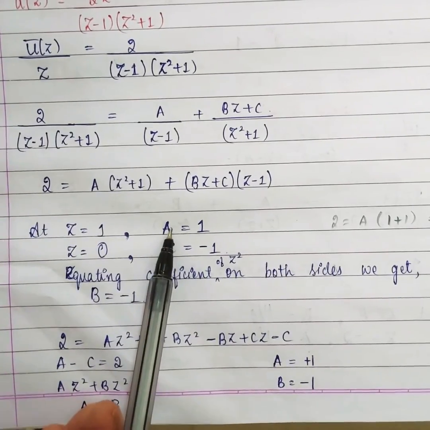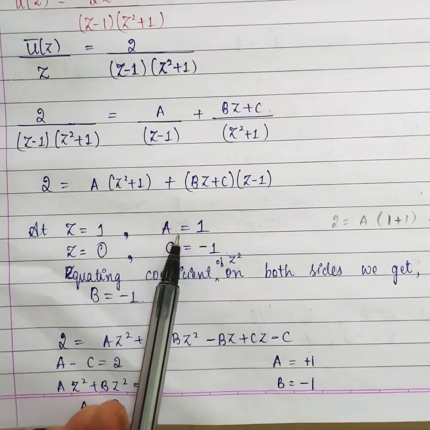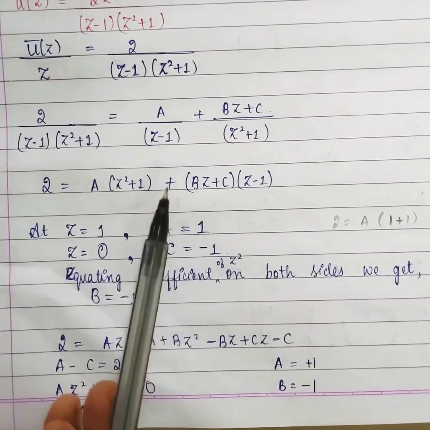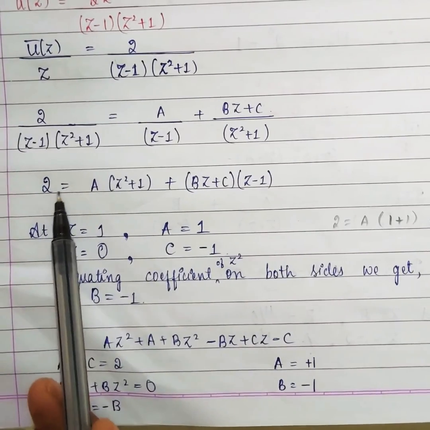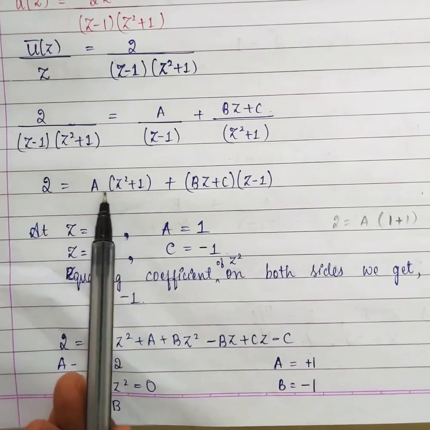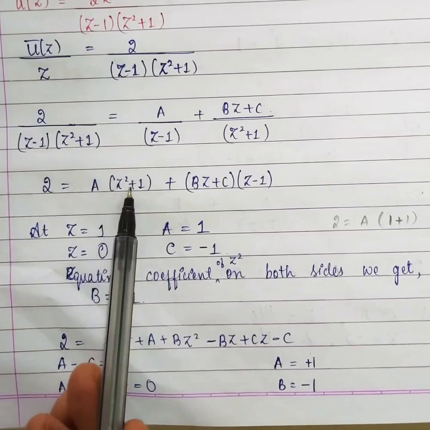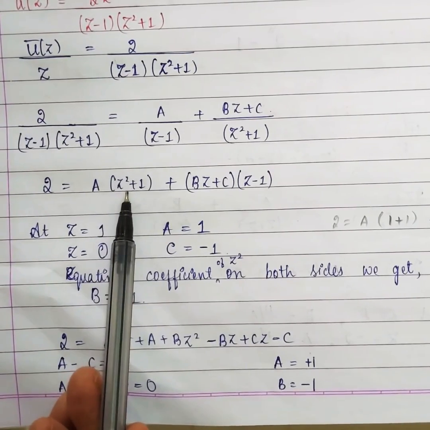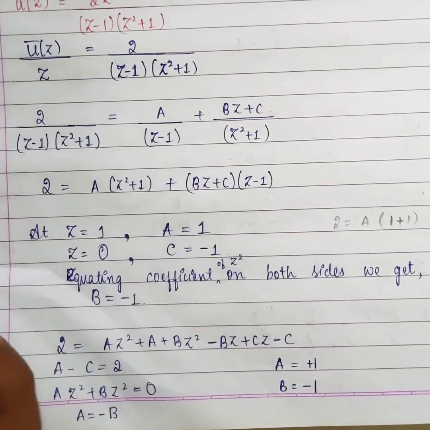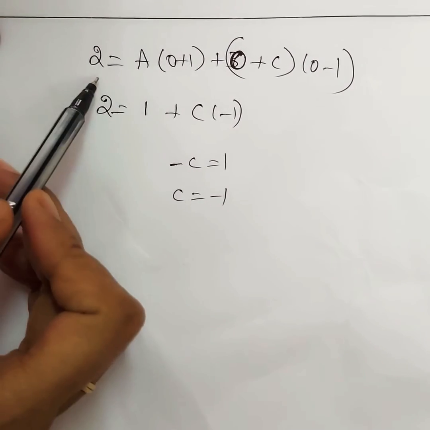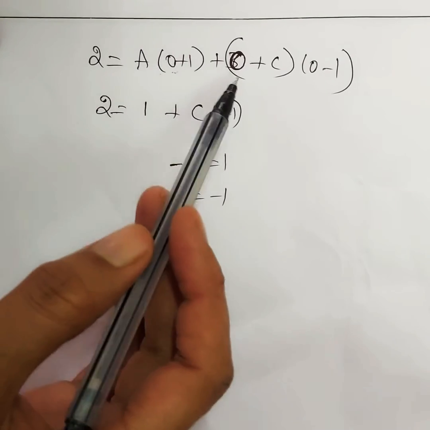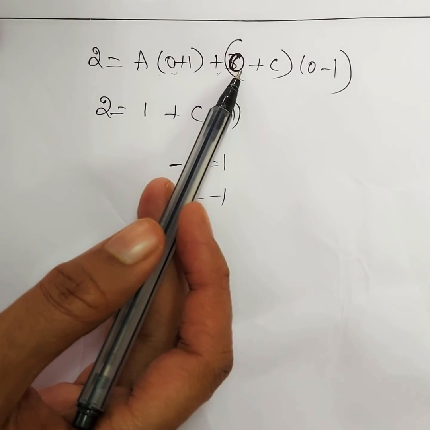This is easy. Same way, if I substitute z as 0, what will you get? 2 is equal to A into (0 plus 1) plus (Bz plus C) into (z minus 1).